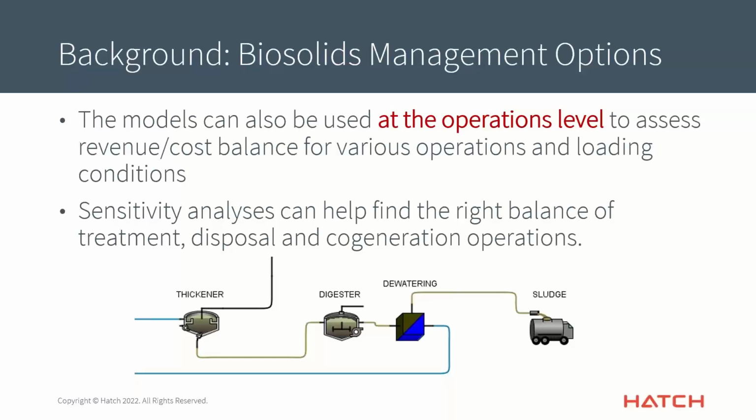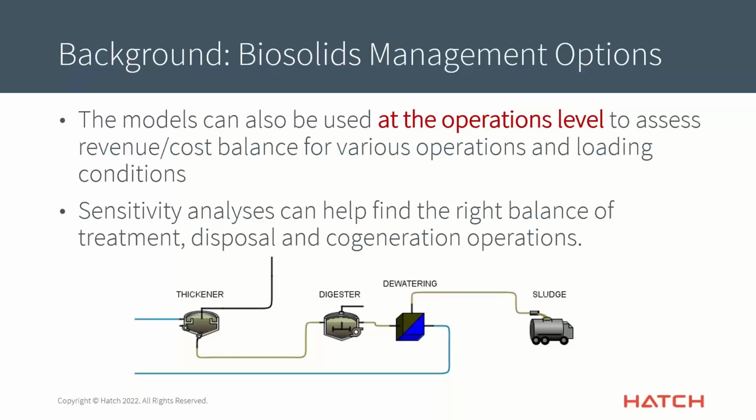So most of the rest of this webinar is going to be focusing really on an operations side. And so that is going to say, how much of our flow should we be putting in the digester? How much food waste can we accept? Those kinds of things. And as always, I really enjoy using sensitivity analysis to be able to help find that understanding of the balance of the costs and the potential revenues.